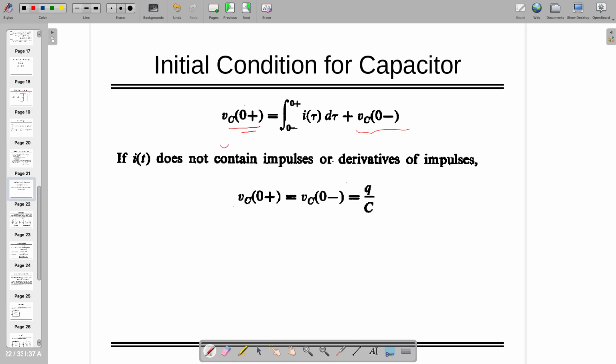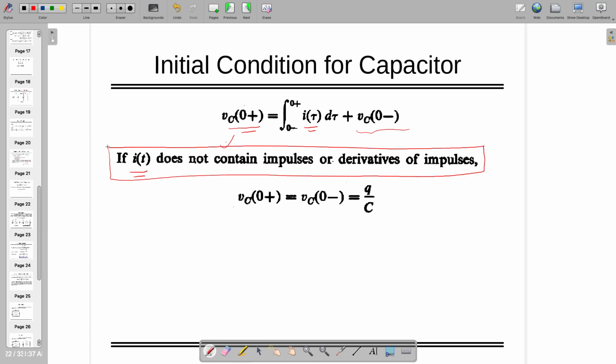Sorry, the final condition, because it's 0 plus. One more thing, it is with the assumption that this I of t does not contain any impulses or derivative of impulses. What do you mean by this? What do you think? It means that I of t is continuous.